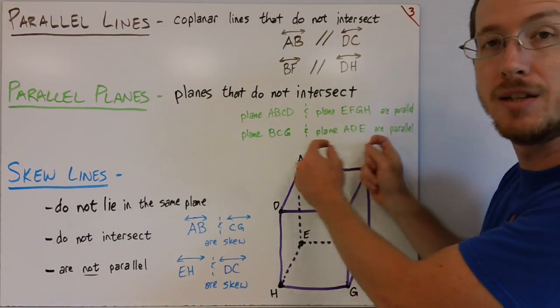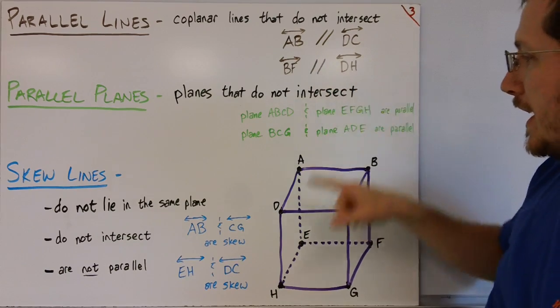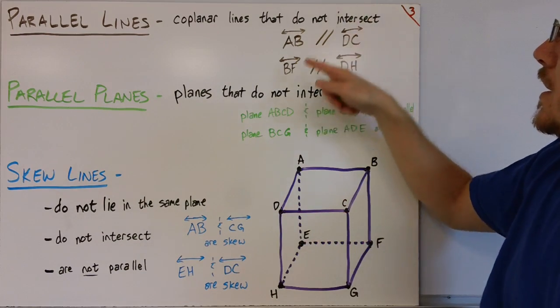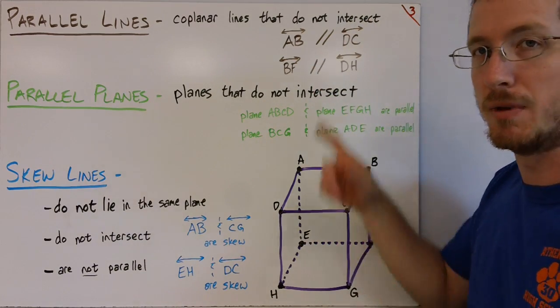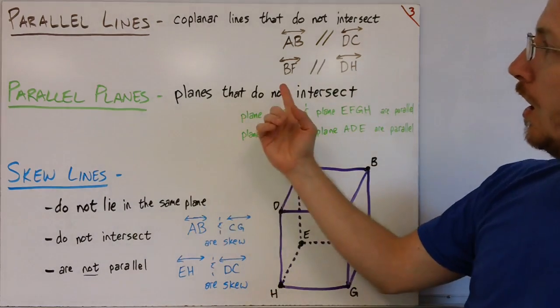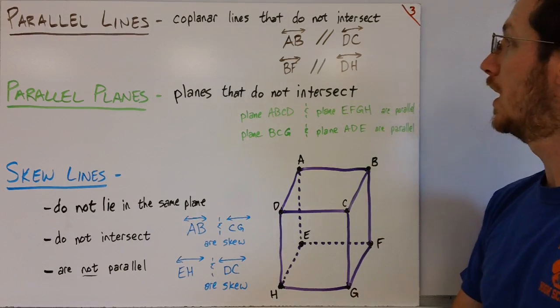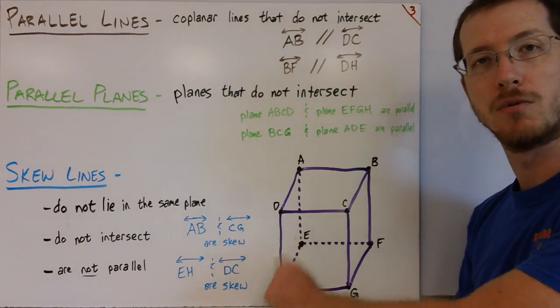Even though it doesn't show the entire line, it exists. Line AB is parallel to line DC. Okay, we use these diagonal slashes to indicate is parallel to. Another example, we've got line BF, this back right vertical line, and DH are also parallel.